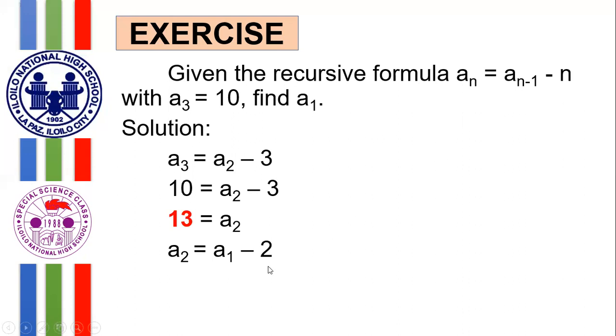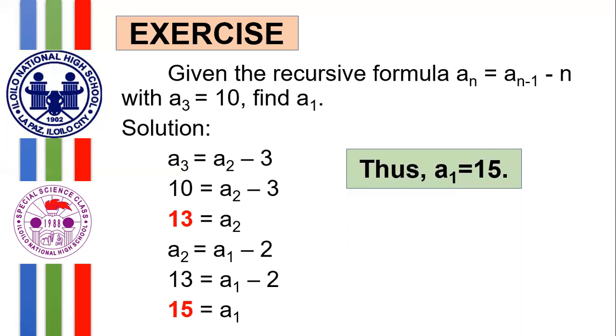We know that a sub 2 is 13. So by substitution, you have 13 equals a sub 1 minus 2. Add 2 both sides, and you will get 15 as the value of the first term. Thus, the first term is 15.